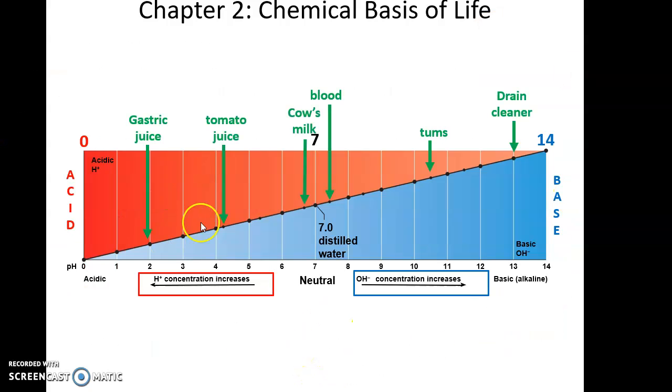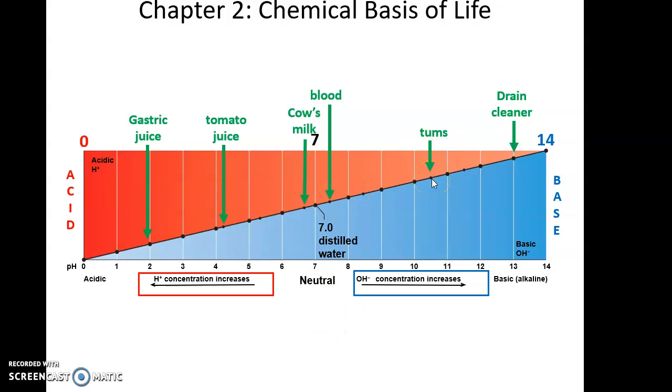And here's just a few common things that you might know about and where it falls in the pH scale. So gastric juice, stomach juice, very acidic, pH 2-ish. Tomato juice is actually rather acidic. It's 4.2 or so. Cow's milk is slightly acidic. Blood is slightly basic or alkaline.